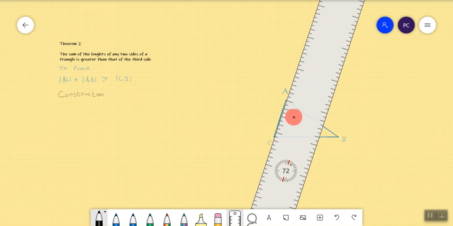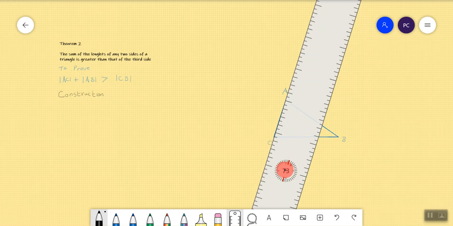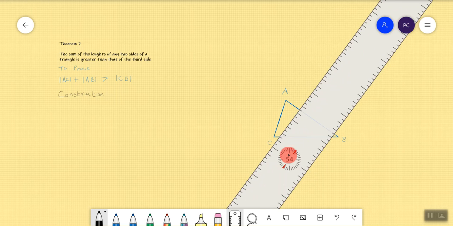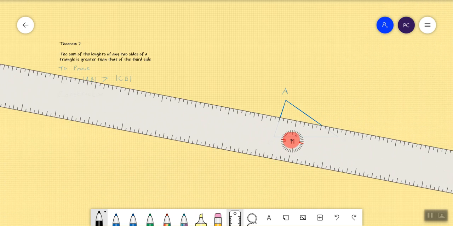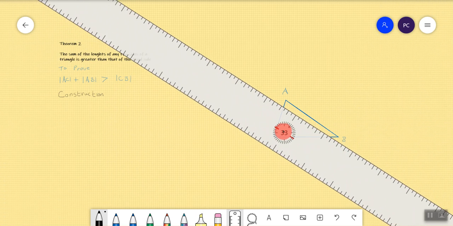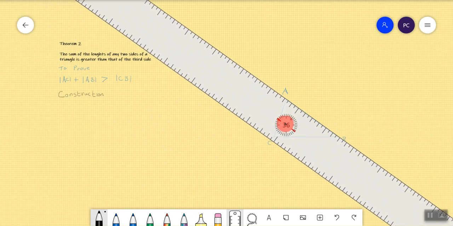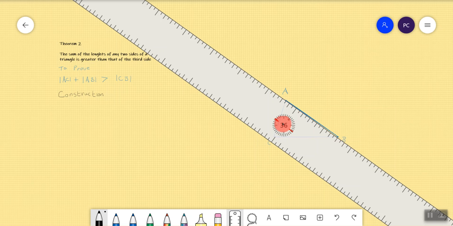So we're going to extend out from A roughly around 10 units.